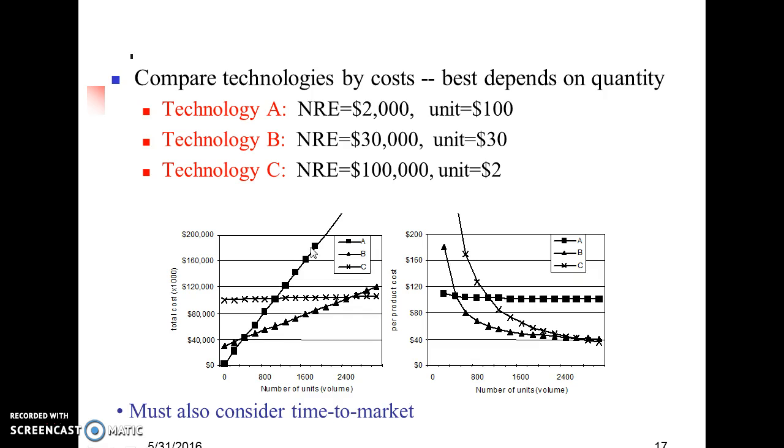This is technology A, this is technology B, and this is technology C. These are the number of volumes and this is total cost. If the number of volumes is kept the same, that is 2400, this is the per-unit total cost. Compare these three technologies NRE cost wise and unit cost wise.